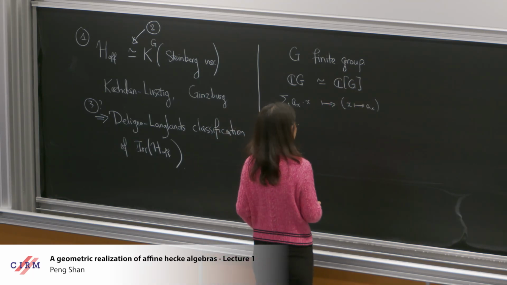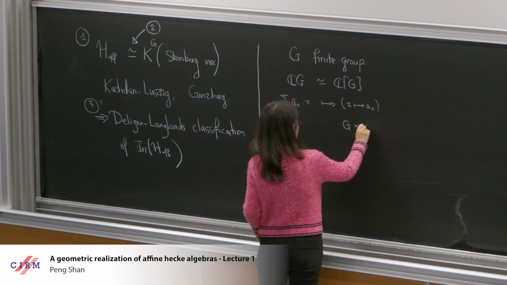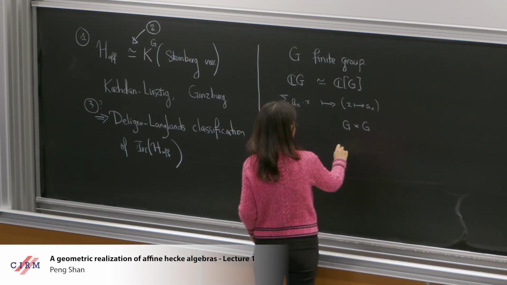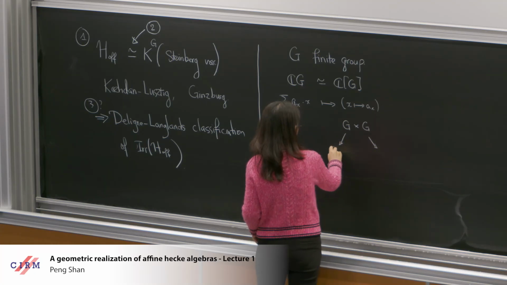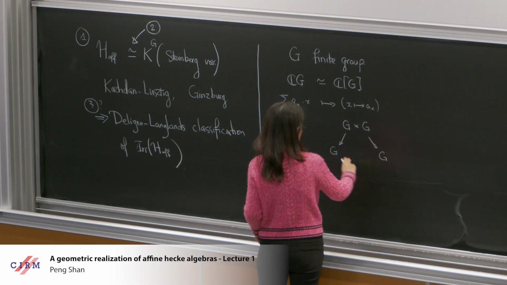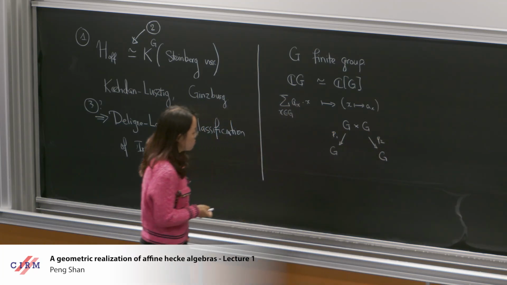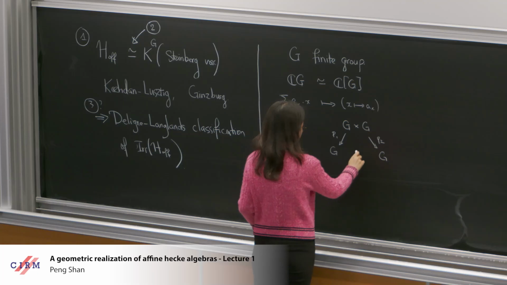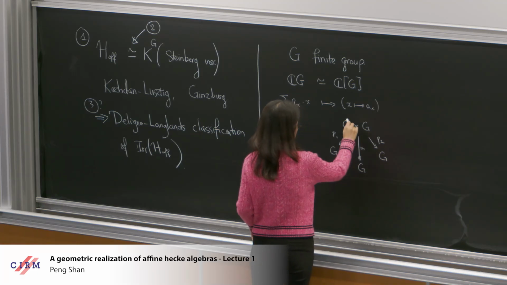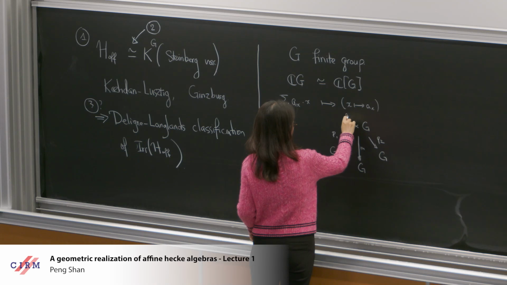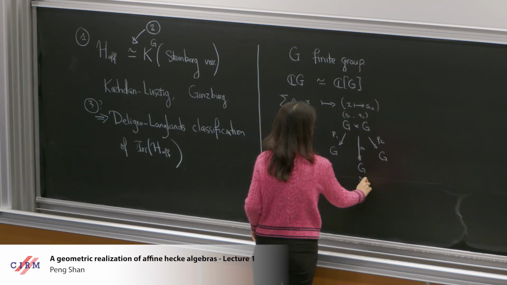You can think of this as G times G, and then you have two projections, p1 and p2, on the first and second factors, and then you have a multiplication map M, which sends g1 and g2 to their product.